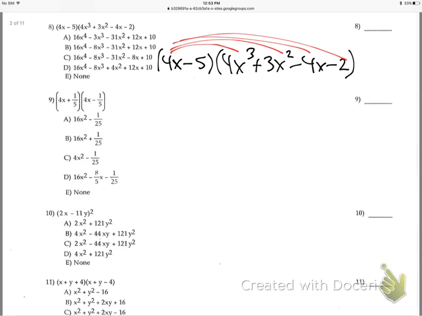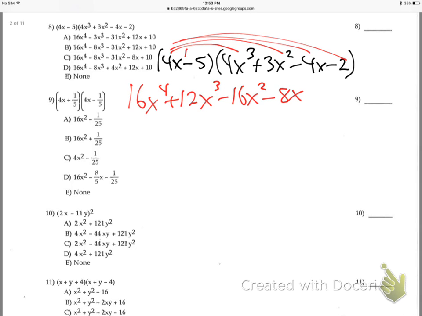That 4x goes to all 4, then the minus 5 goes to all 4. 8 multiplications altogether. So here we go. You know how it works, right? Out front numbers multiply, powers add. So 16x to the 4th plus 12x cubed minus 16x squared. Minus 8x.